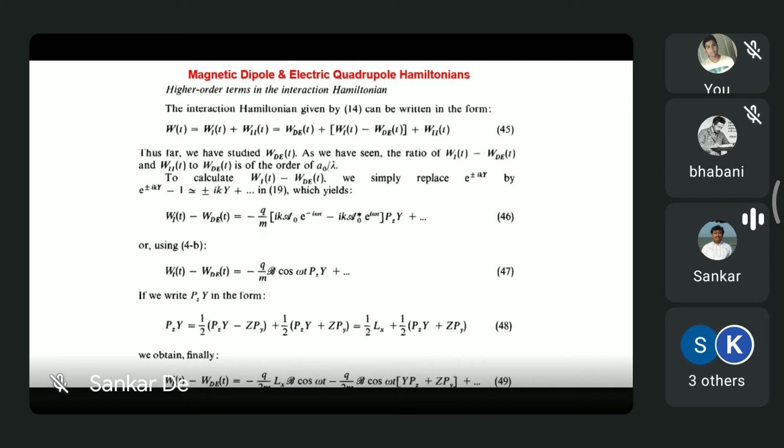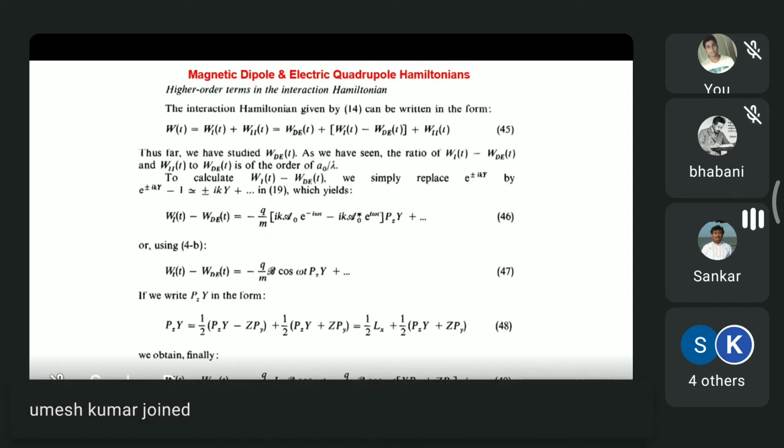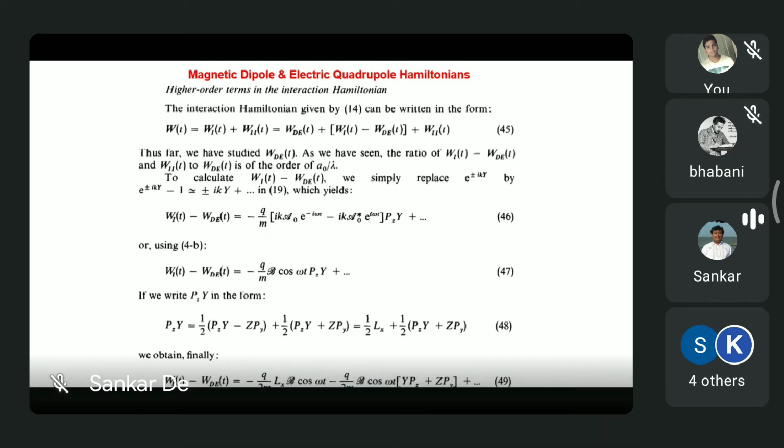And now p_z y we can write as follows. We add up minus z p_y and plus z p_y into this p_z y relationship, and from the commutation relationship we know that y p_z minus z p_y is L_x. So we got an L_x term and then a y p_z plus z p_y term.